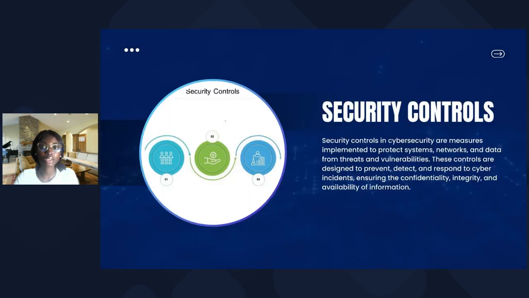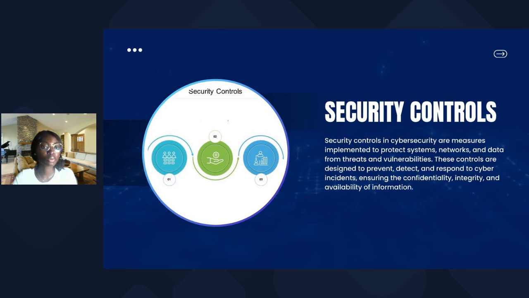Jumping into it, here is a brief definition of security control. Security controls, like I said earlier, are measures implemented to protect systems, networks, and data from threats and vulnerabilities. There are thousands of security measures that organizations implement to ensure their security is up to date, and these controls are designed to respond, detect, prevent, or compensate.